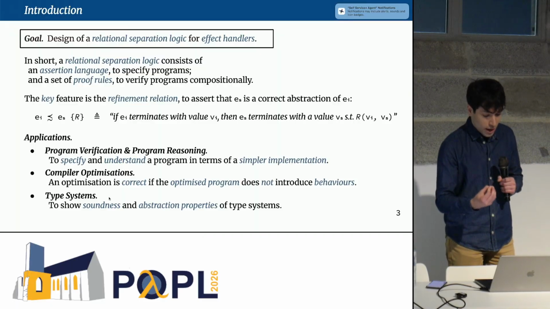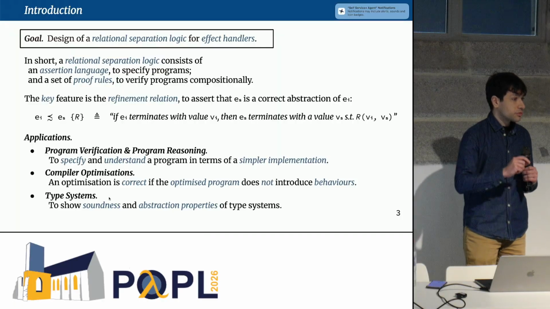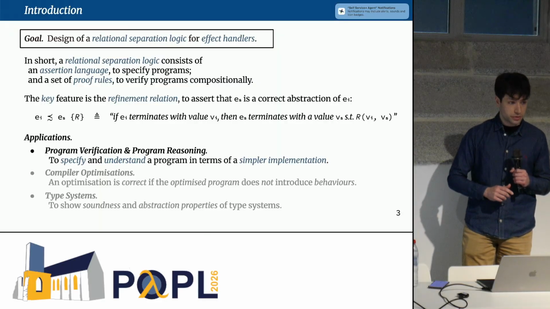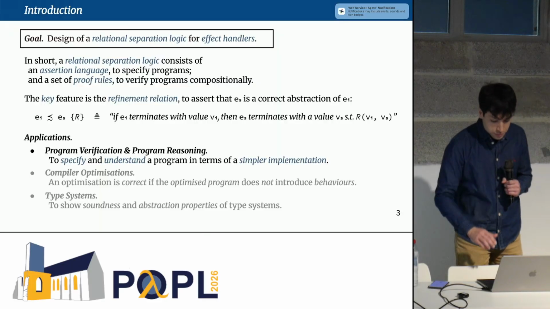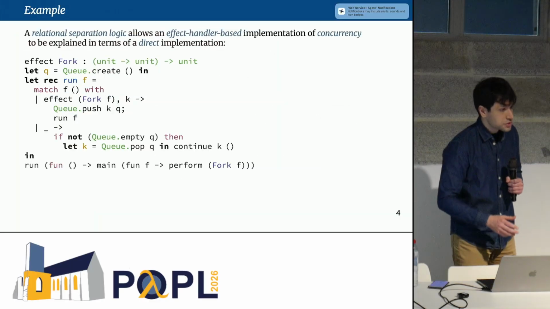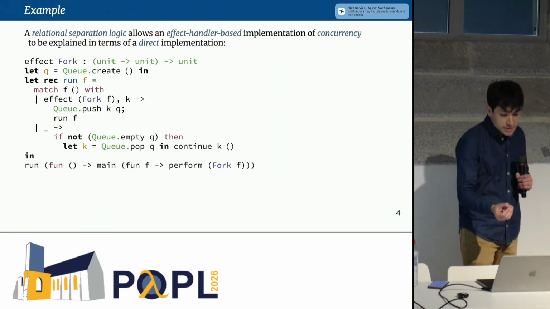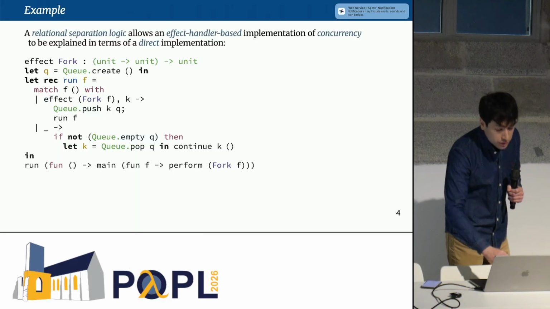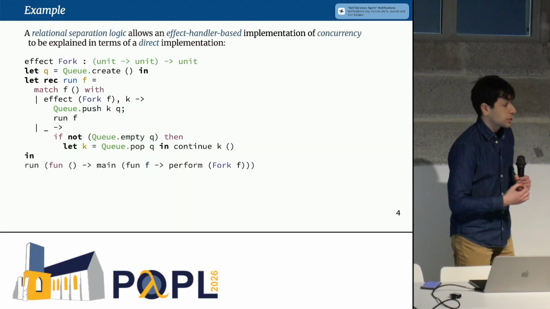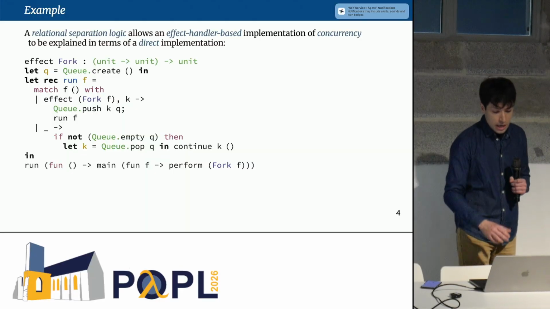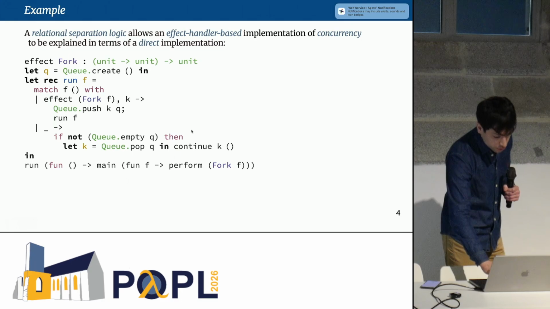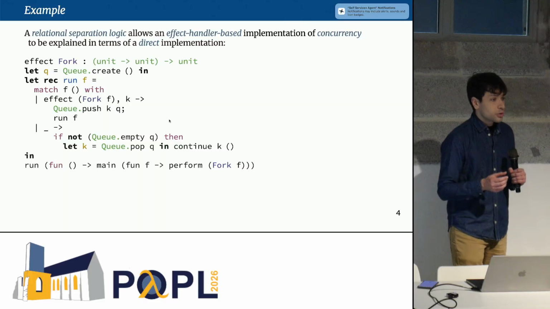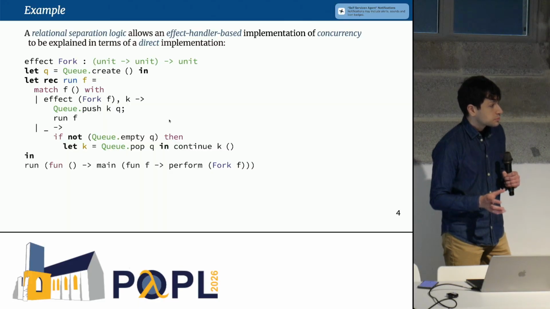To show why relational separation logic is relevant for effect handlers, I'm going to focus on program verification and program reasoning. I would like to discuss an example of effect handlers, namely an implementation of the fork effect. We can think about this program as implementing a scheduler for multiple concurrently executing tasks.